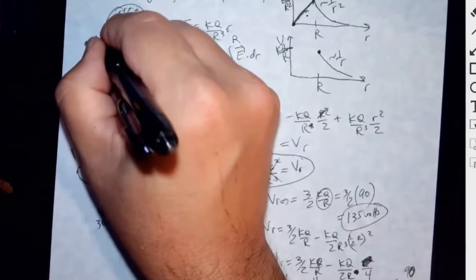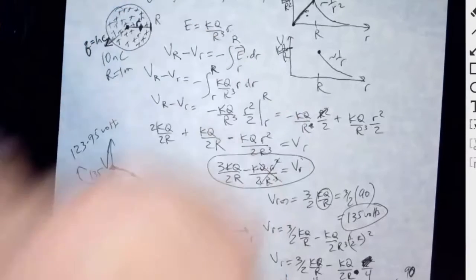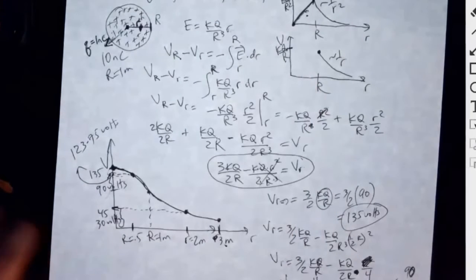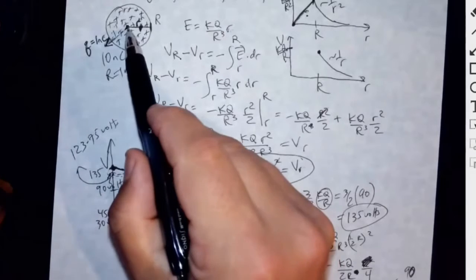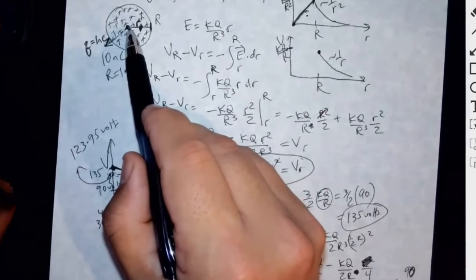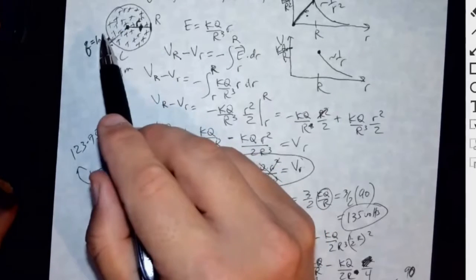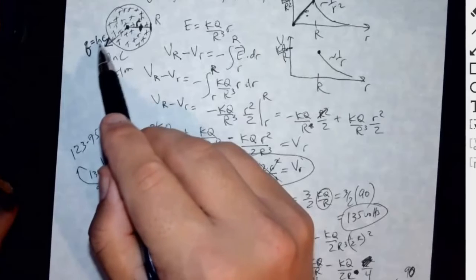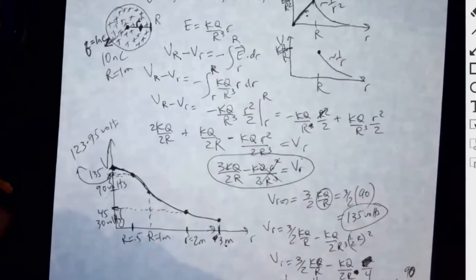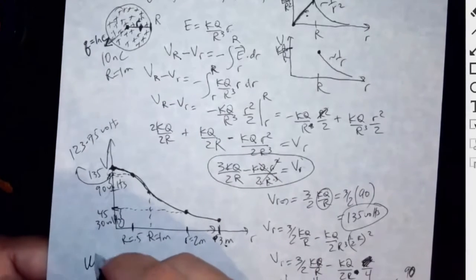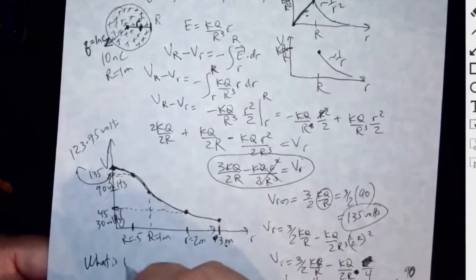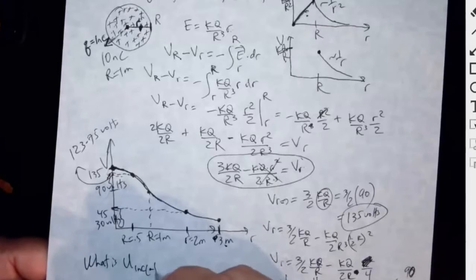One nanocoulomb. So I could ask, what potential energy does that charge have over there? If it's a 1 nanocoulomb charge, what is the potential energy of the charge at the center?